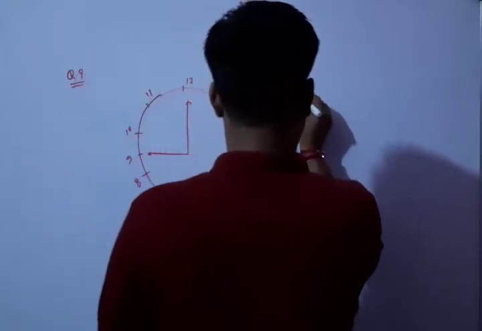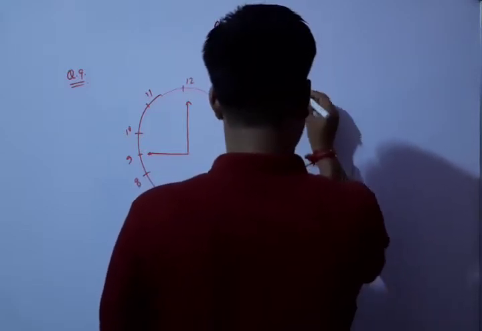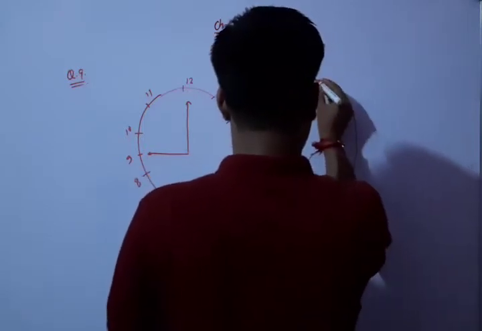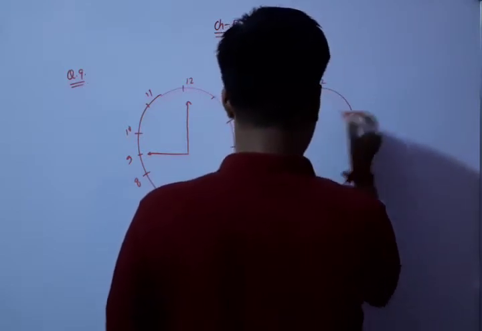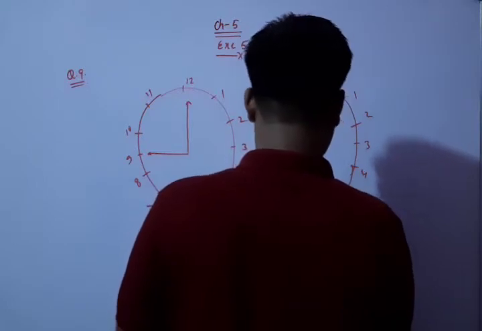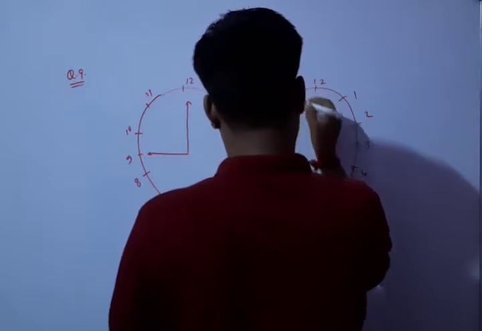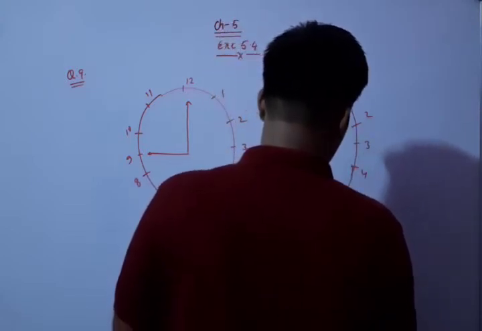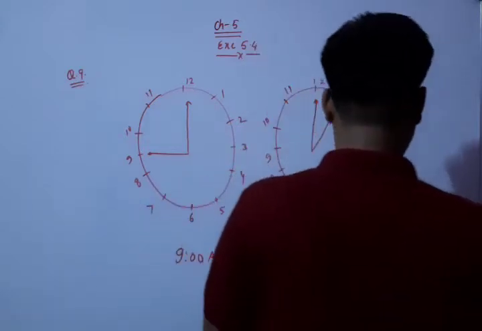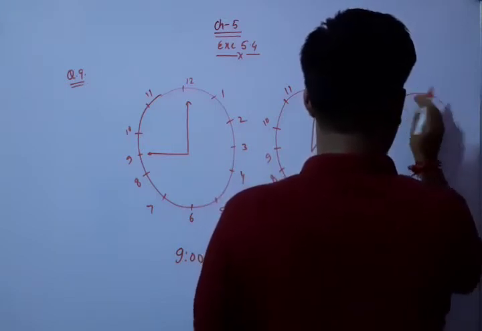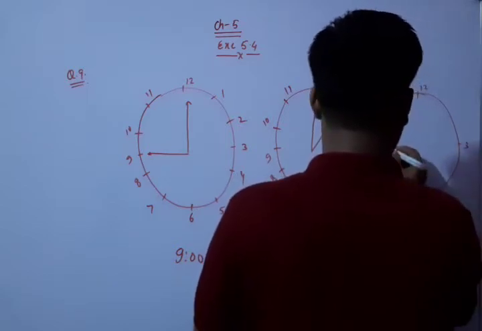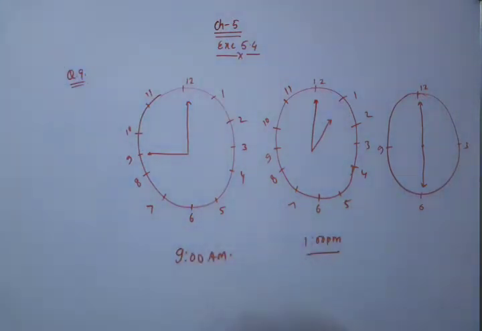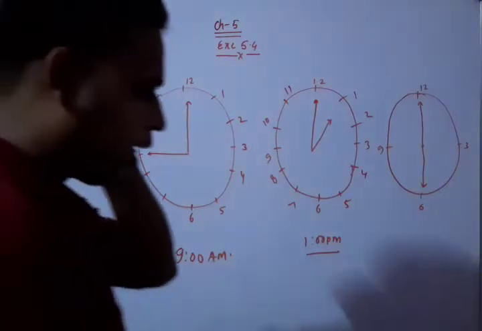The next figure is 1 PM, and the next is another clock. These figures have been given in question number 9. Now we have to tell which angle is formed.